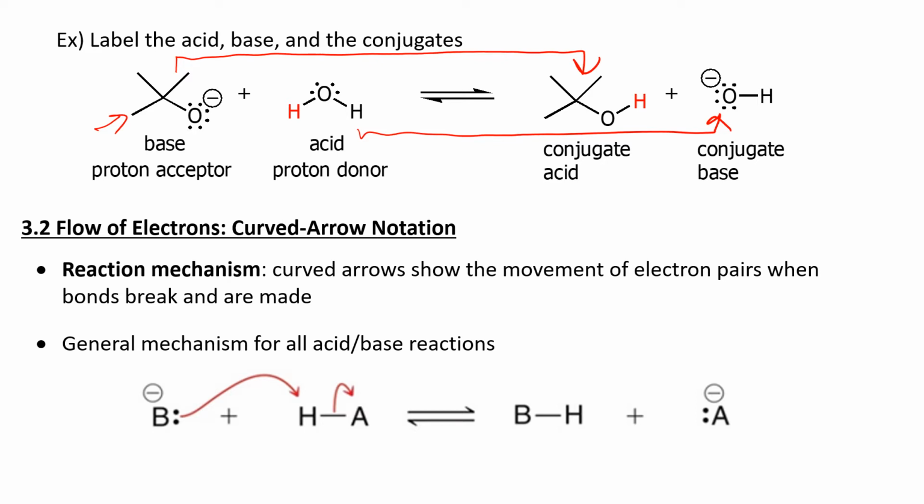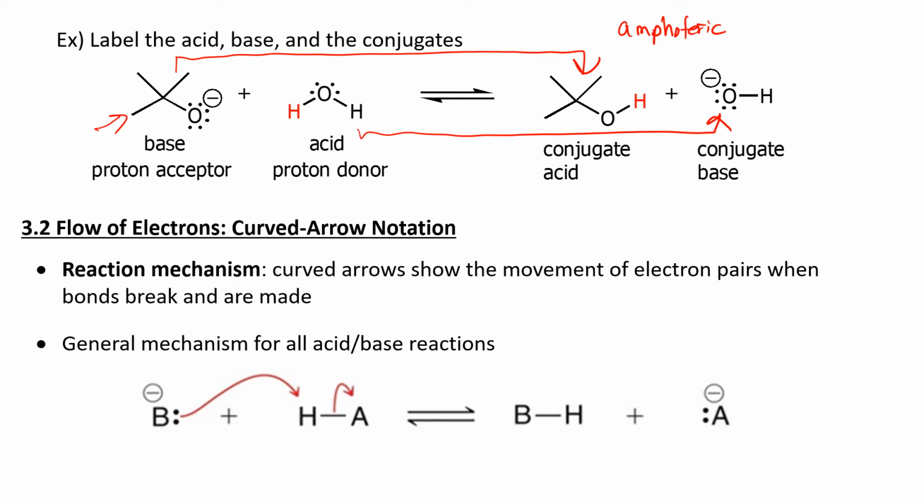That makes it an acid. So every base has its conjugate acid, and every acid has its conjugate base. In the last example, water was behaving like a base. And in this example, water is behaving like an acid. Water is amphoteric, meaning it can act as an acid or a base.